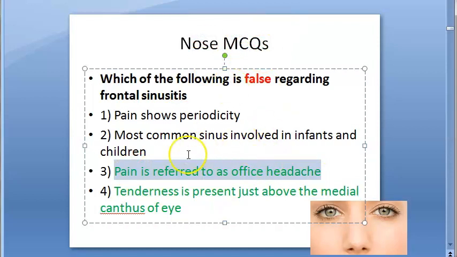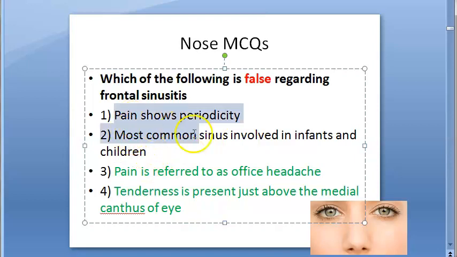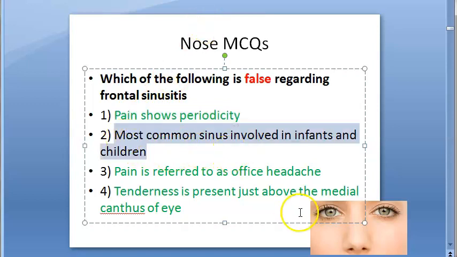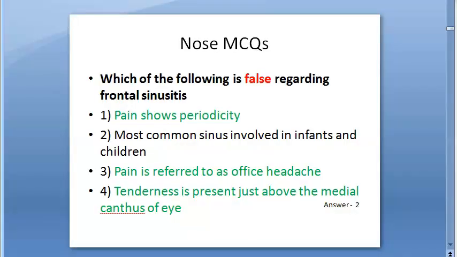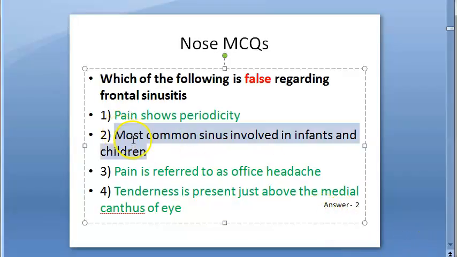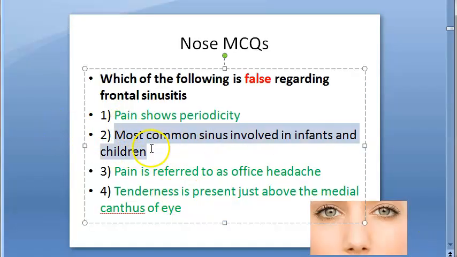Yeah, because it kind of drains once you get up, isn't it? Then, amongst these two, pain shows periodicity. Yeah, when you get up, it starts draining, isn't it? So, there will be pain with periodicity. Most common sinus involved in, okay. So, the answer here is 2. So, 2 is the incorrect statement, okay. Most common sinus involved in infants and children is which one?